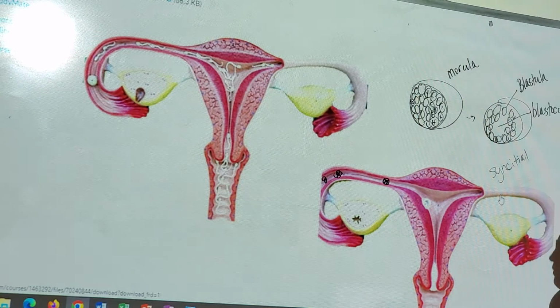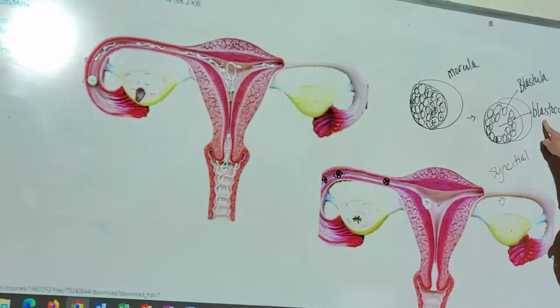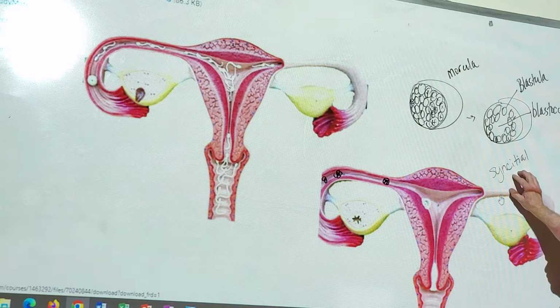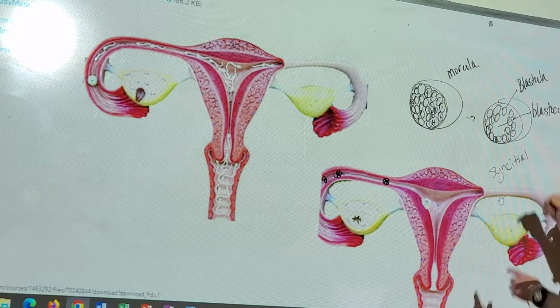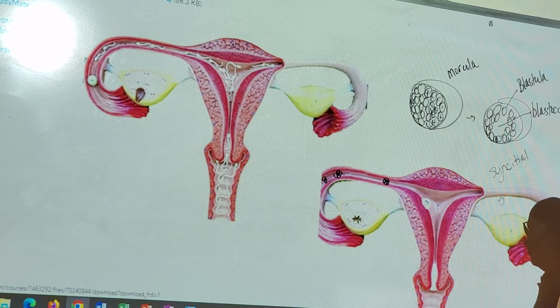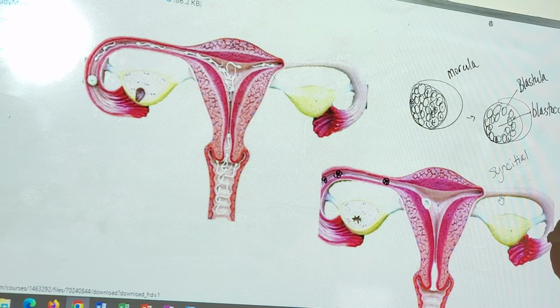And so the trophoblast is going to be the blastocele or the blastula, but the syncytial trophoblast is that portion of the blastula that is going to attach here. It's going to become the chorion. The cellular trophoblast will end up becoming the blastodisc, which will end up becoming the embryo, and we'll talk about that in just a few minutes.